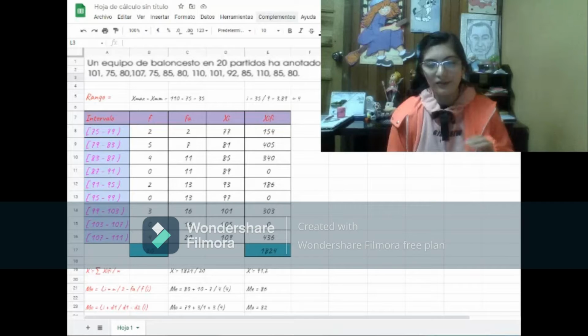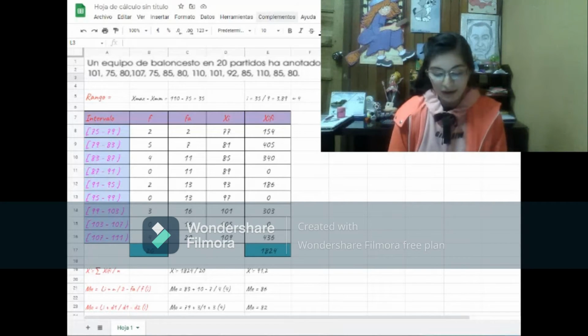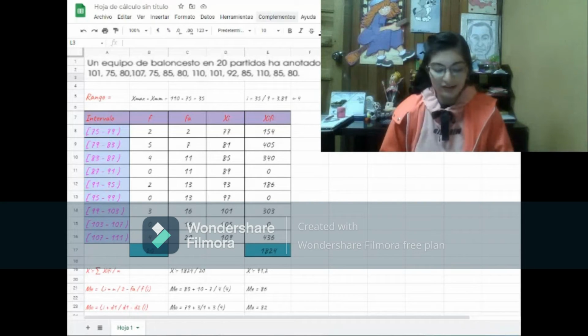So we add them up, and later we divide by 2, and the result is going to be 77. And the others are 81, 85, 89, 93, 97, 101, 105, and 109.